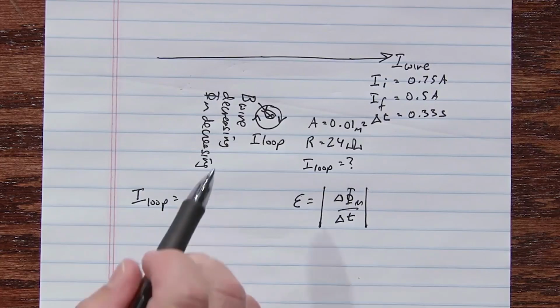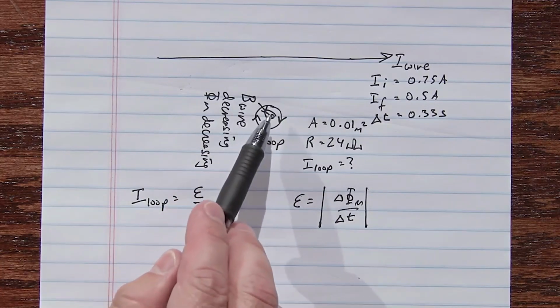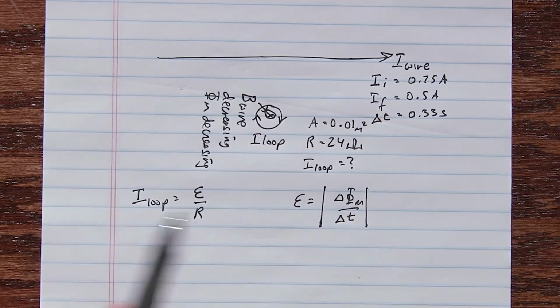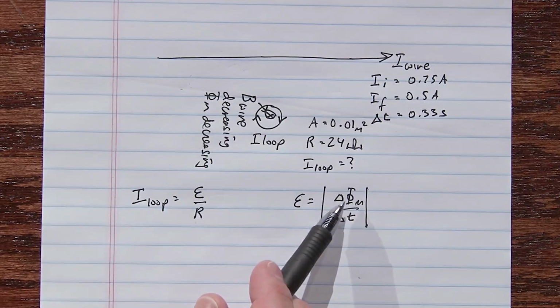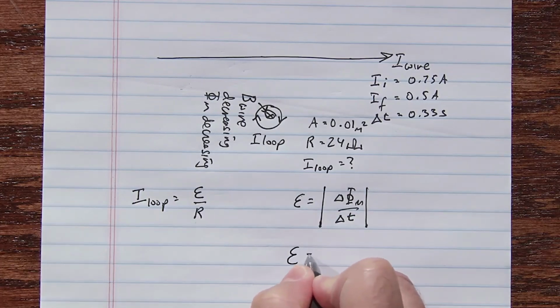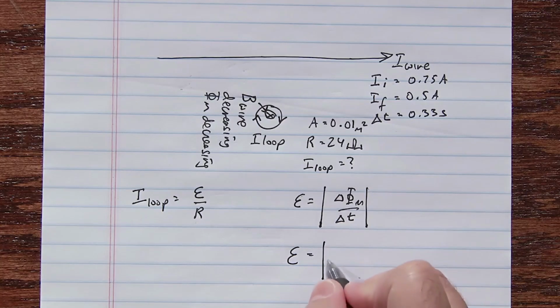So it is the change in the current in the wire that's changing the magnetic field through the loop, which is changing the magnetic flux through the loop. So the change in magnetic flux is due to a change in magnetic field strength. So I will use my expression for the change in flux that represents that.